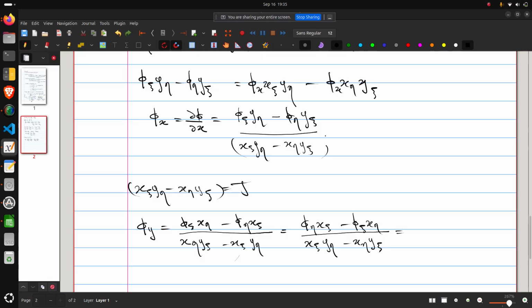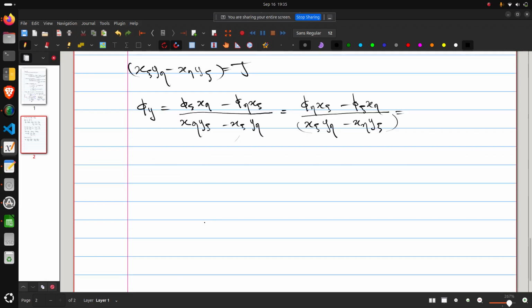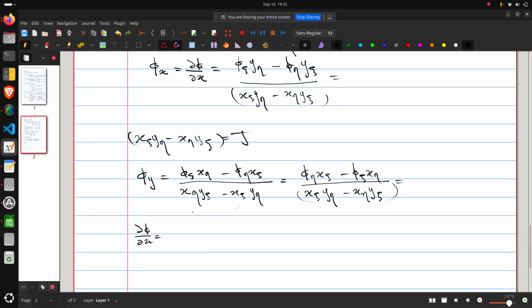Okay, that is also the Jacobian, right? So this is also the Jacobian. So let's write it down all together. So dou phi dou x, we have computed as phi psi y eta minus phi eta y psi, divided by the Jacobian, and dou phi dou y.